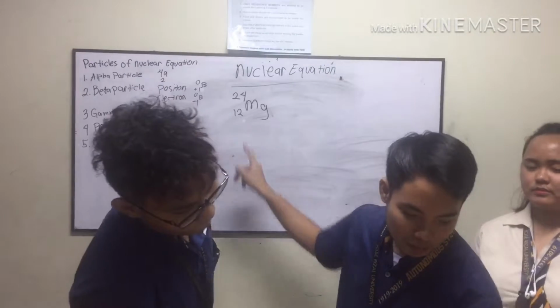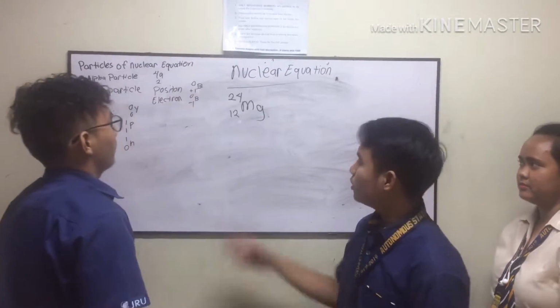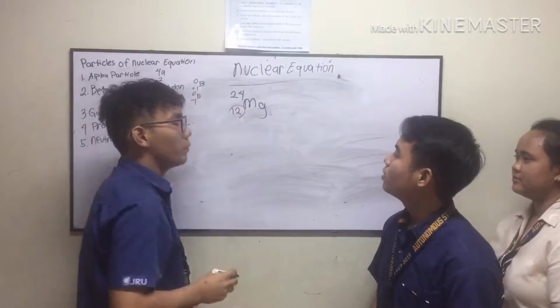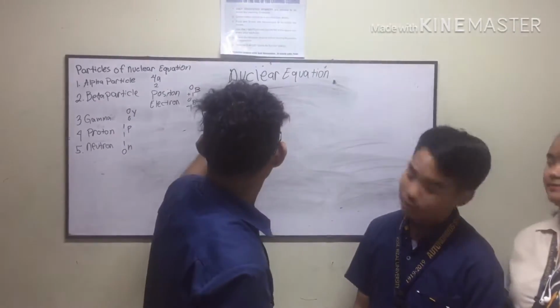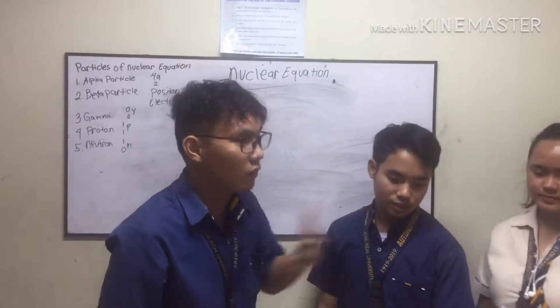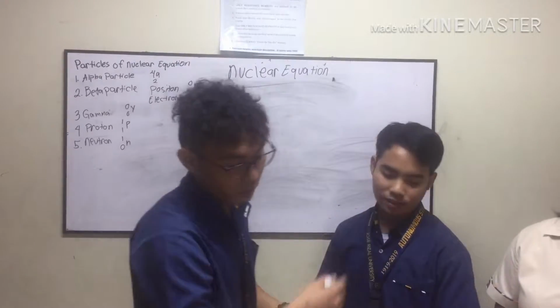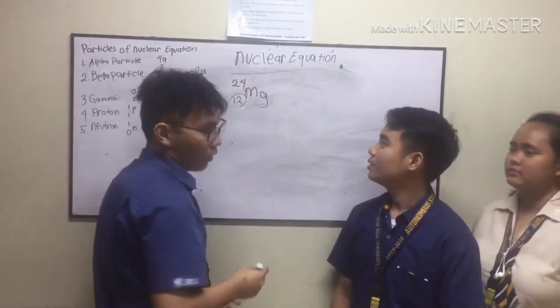We get this 12 because 12 is the atomic number of magnesium. And as she mentioned, she gave me 24, magnesium-24. So this is the 24.